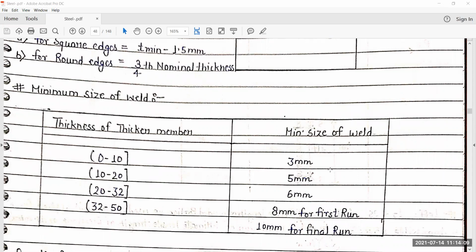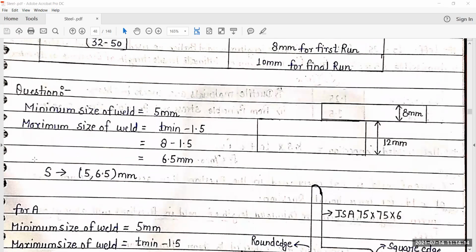Suppose the minimum size of weld is equal to 5 mm.